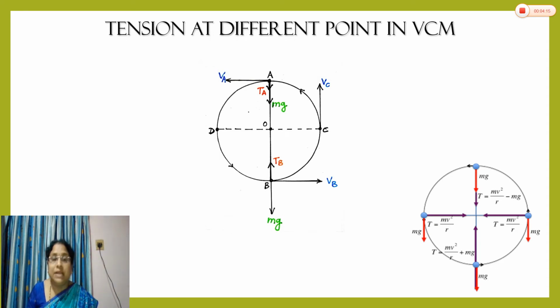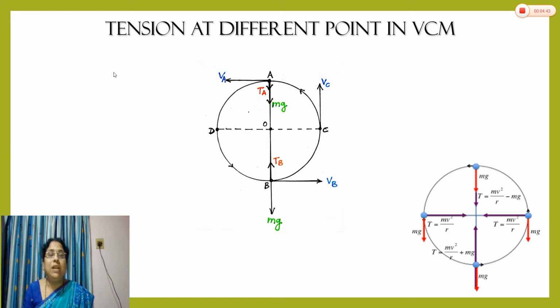We calculate the tension at two positions here. At the point A, there are two forces acting on the bob, the tension and the weight. How can we relate these two? To calculate the tension, we say that this tension Ta plus mg, both these forces, provide the centripetal force, because for circular motion the centripetal force is necessary.